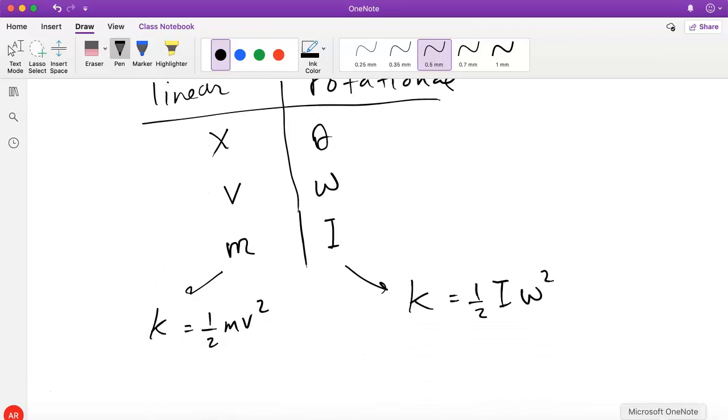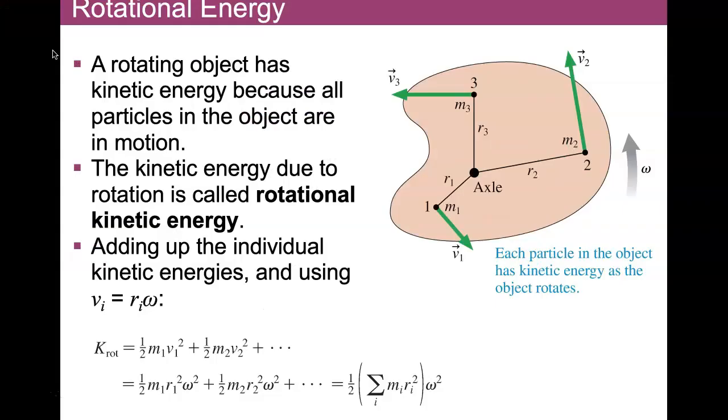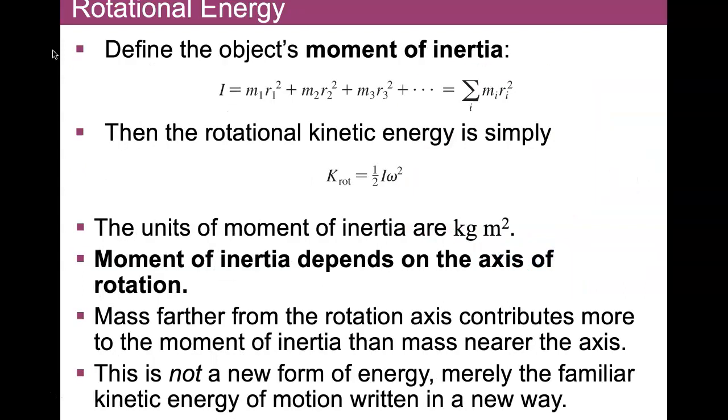All right. So this is the expression we just found. This sum over masses times distances squared is the moment of inertia of the object, and the rotational kinetic energy has this expression 1/2 I omega squared. The units, as you can see here, are mass times length squared, so it's going to be kilogram times meter squared.